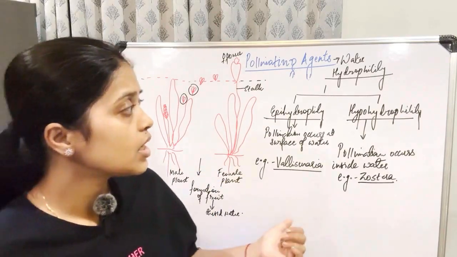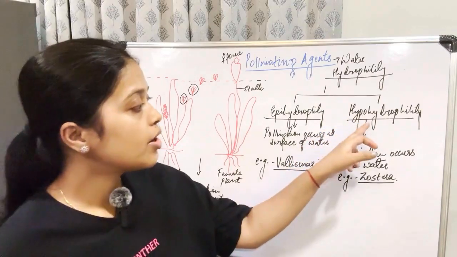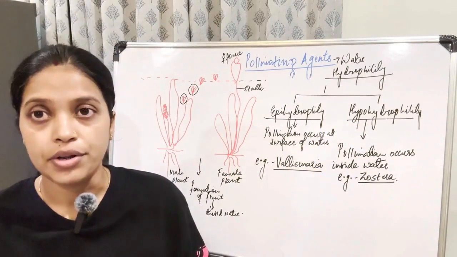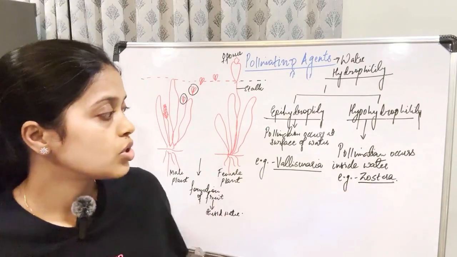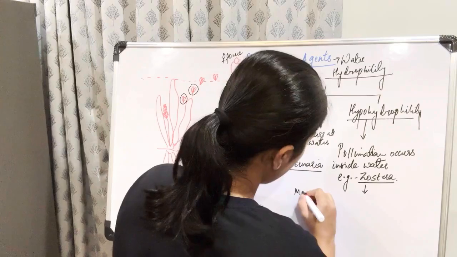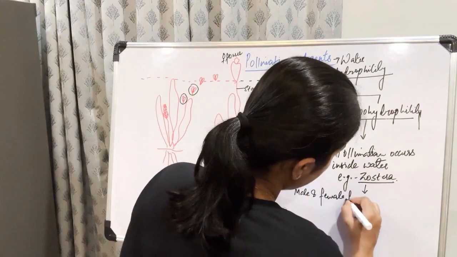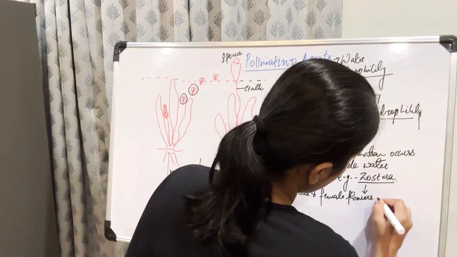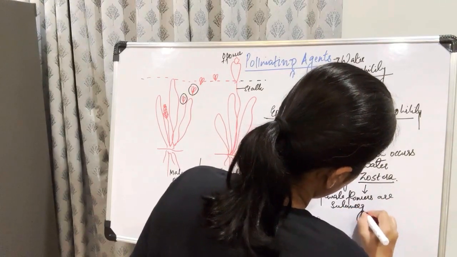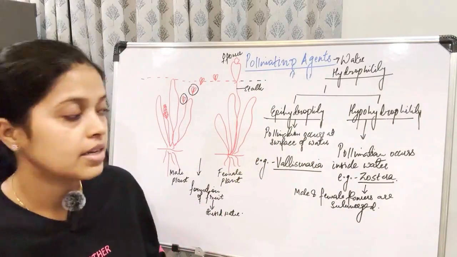Now we'll talk about hypohydrophily. Hypohydrophily is when the pollination occurs inside the water. The example is Zostera. So what happens in Zostera? Both the male and female flowers are submerged. Both the plants are inside the water.